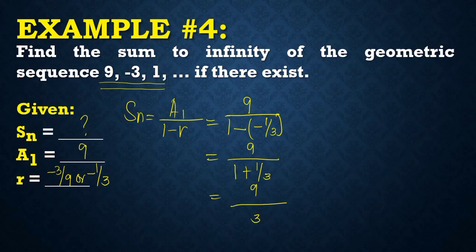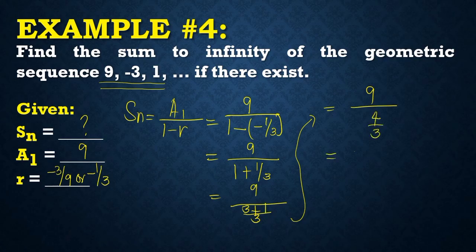So, 3 divided by 1, the denominator of 1, that is 3, times 1, the numerator, 3. Plus, 3 divided by 3, that is 1, times 1, that is 1. Next, 9 over, so, 3 plus 1, that is 4, over 3.